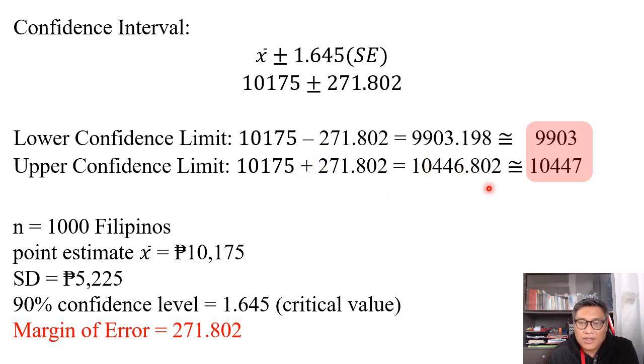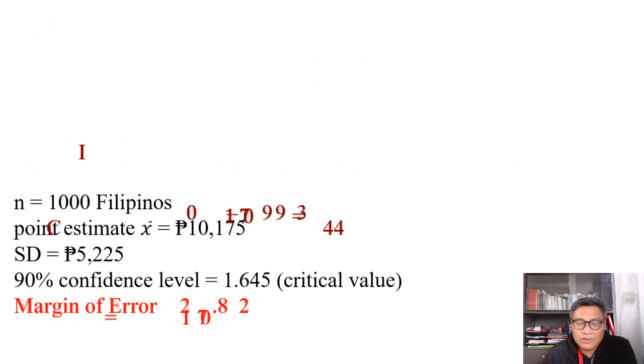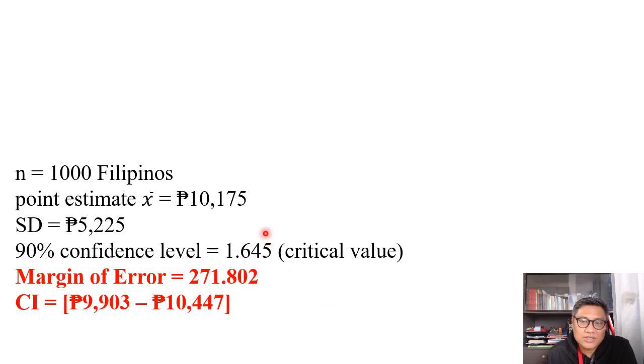So I usually round the answers to a whole number. Of course, 9,903.198 could be 9,903 only, while 10,446.802 can be rounded to 10,447.